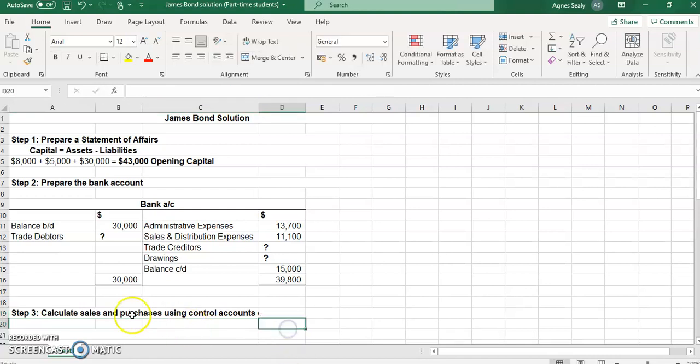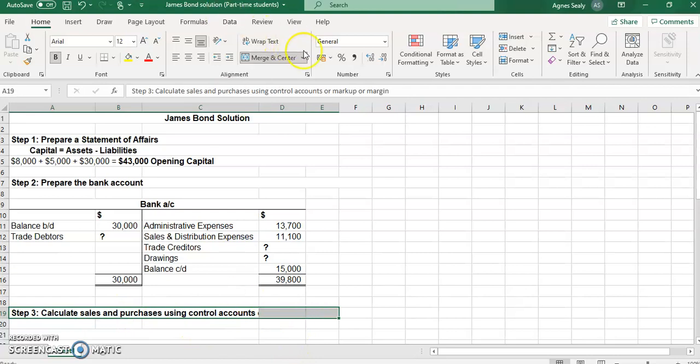Remember I stated earlier on that you can only use the control accounts if you have enough information that you can put into that control account with respect to the opening balance for your debtors or creditors, the closing balance for your debtors or creditors, and how much money you would have paid your creditors or received from your customers.